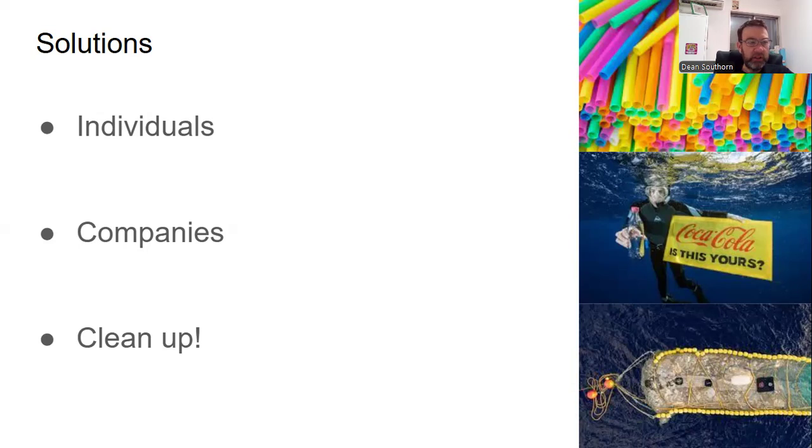And then the plastic is emptied onto ships and taken back to land to be recycled. So any help they can get from governments or organizations, companies that are responsible. There was a picture of Coca-Cola showing their responsibility. We think this would help as well.